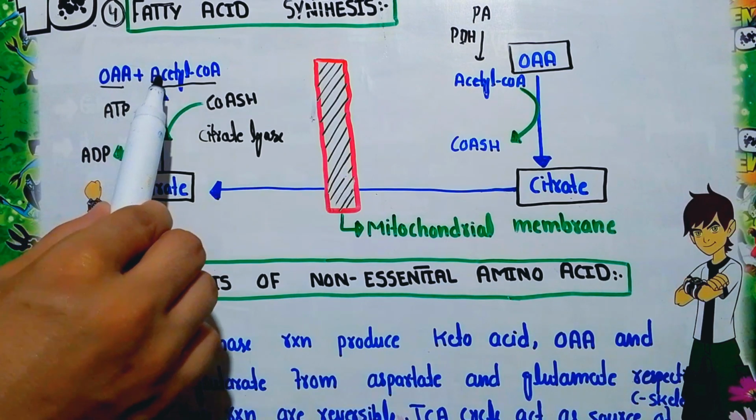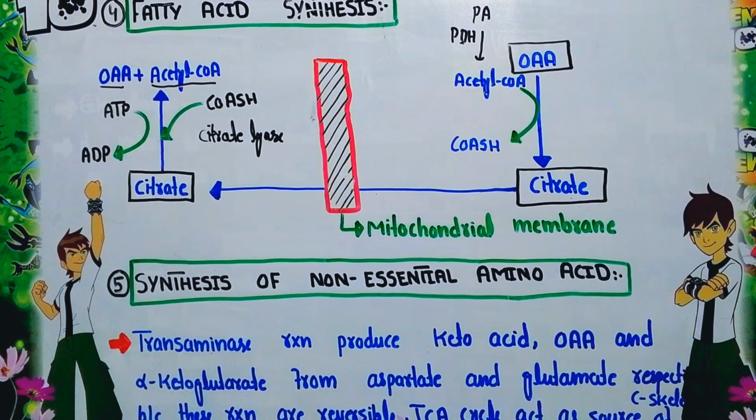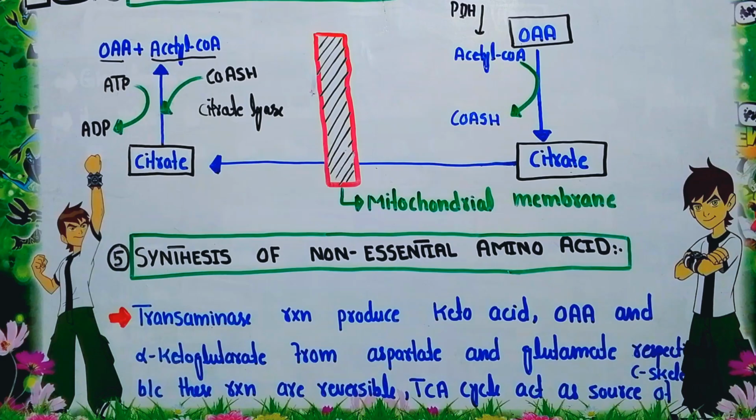This acetyl coenzyme A acts as a precursor for the synthesis of fatty acids. Long-chain fatty acids are mainly formed from acetyl coenzyme A, the best known being palmitic acid.